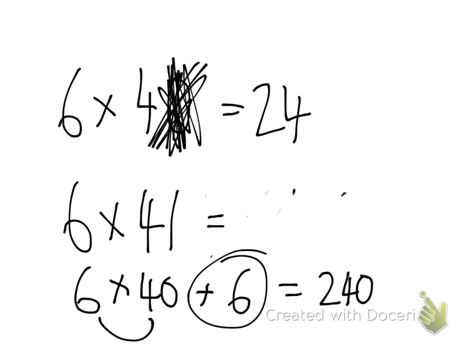And then one more group of 6, that's going to change it from 240 into 246. This is how we use known facts in order to solve more difficult, complex multiplication problems. Once we know some of our times tables, we can use that knowledge to solve all of the other times table problems we get.